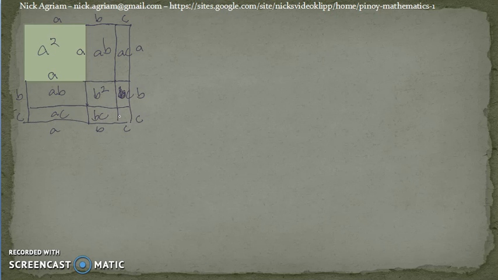And this is C squared. So if I have (A plus B plus C) squared, then we have A squared plus B squared plus C squared, and then plus 2AB, I'm sorry, plus 2AC plus 2BC.